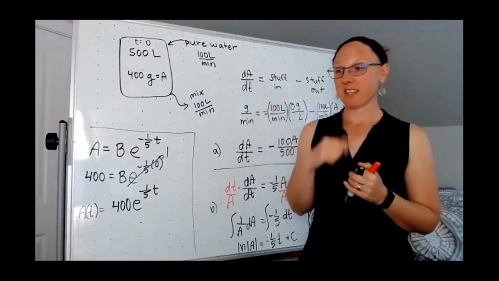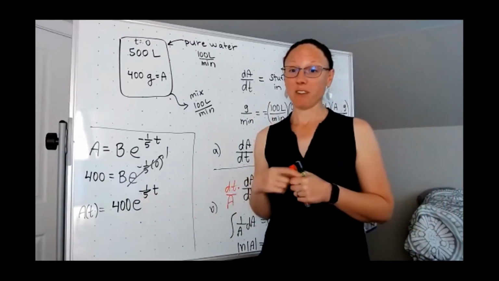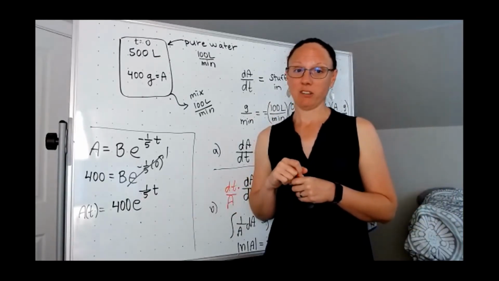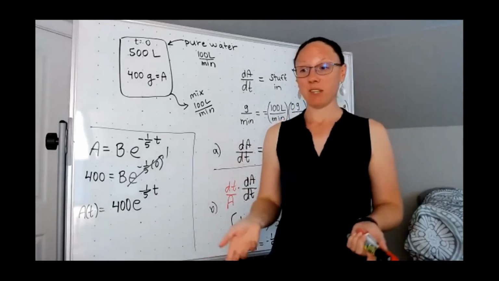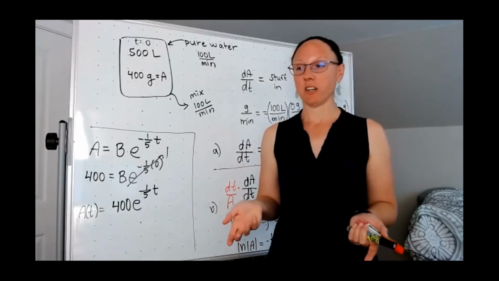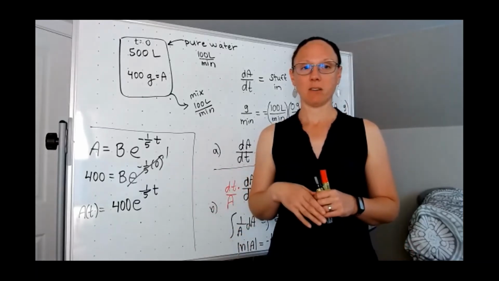The other piece that I asked in this question, so I asked us to solve the differential equation and find the time it takes for the concentration of lemon juice to be half of its original amount.